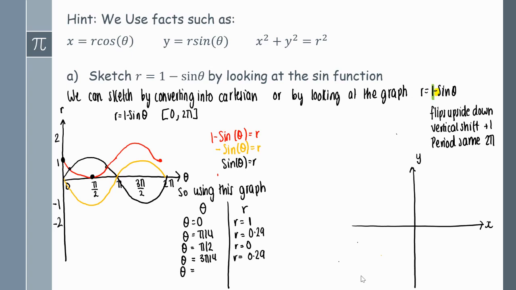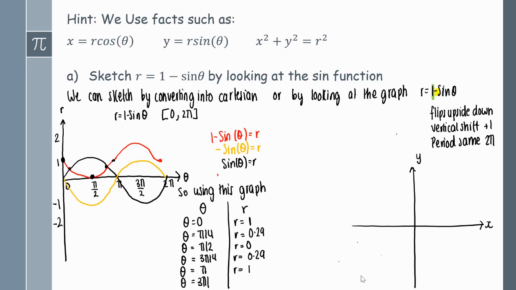When theta is pi, my height of 1 minus sine theta is 1. And I'm just going to put in 2 more angles here.